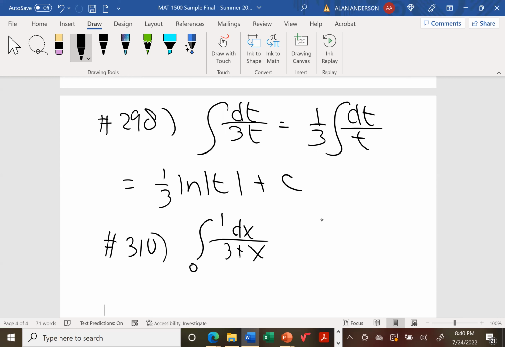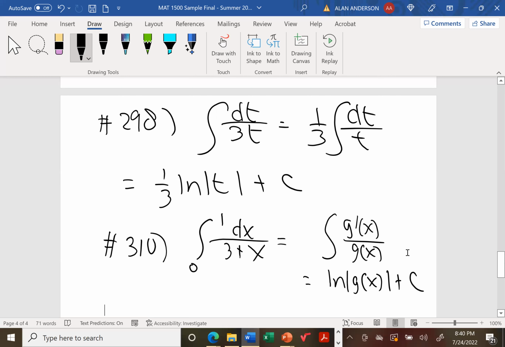It looks kind of strange, but not necessarily, because what you've got is a natural log case, because you can think of g of x. Yeah, so in other words, because it's in that form.